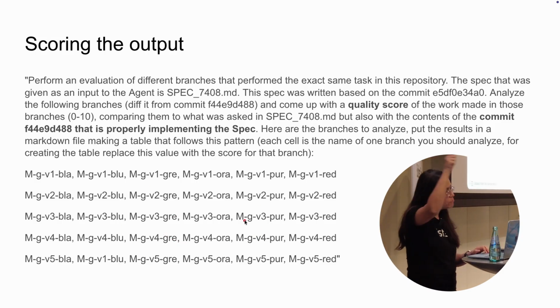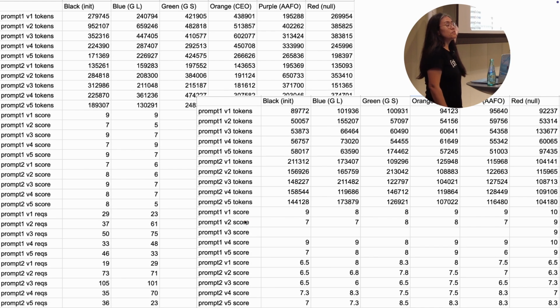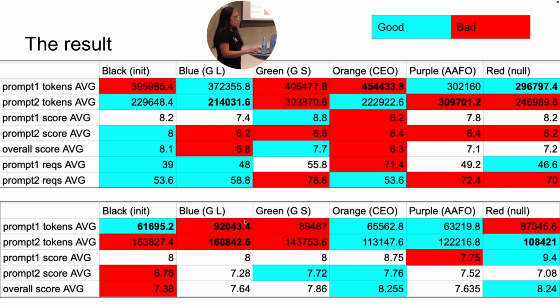So analyze branch by branch. This was kind of fast as well. And at the end of the day, I had this, which is a bunch of numbers, just so you know the raw data that I had. But this is what we are going to be analyzing a little bit more in detail today.